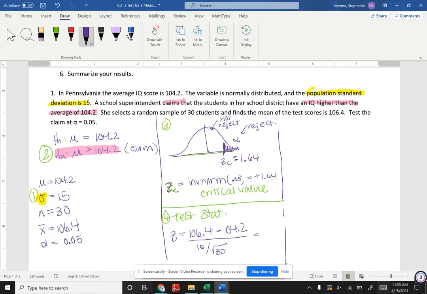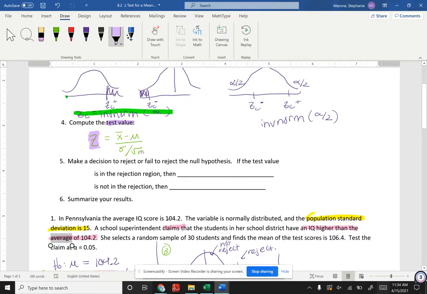You can either do that out or trust me, it's 0.8033. So my test statistic is 0.8033.